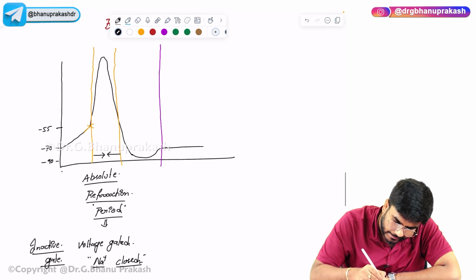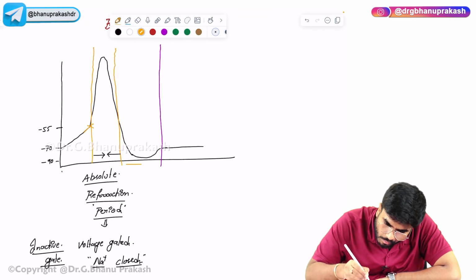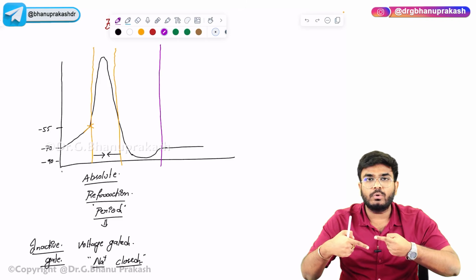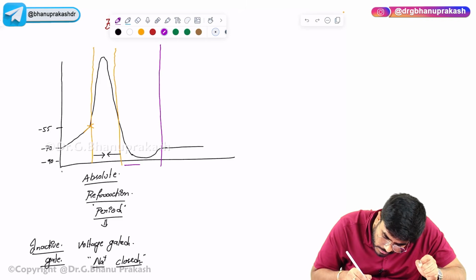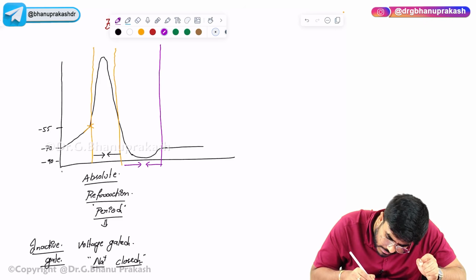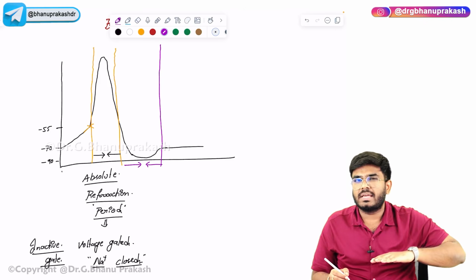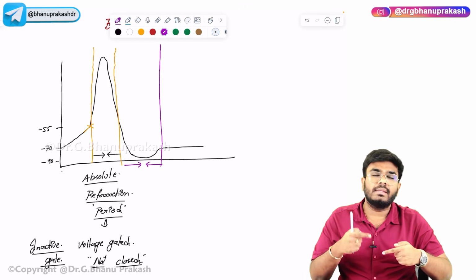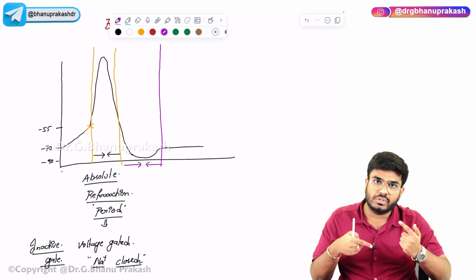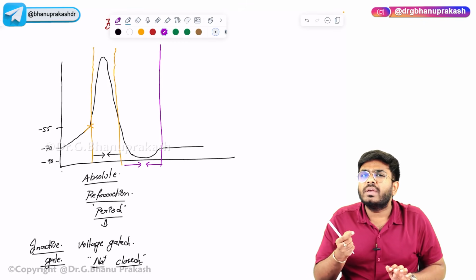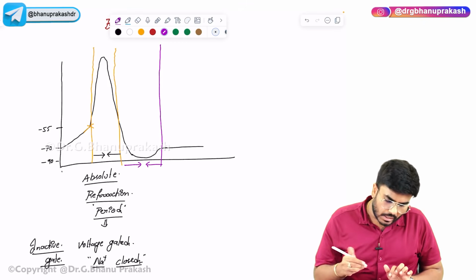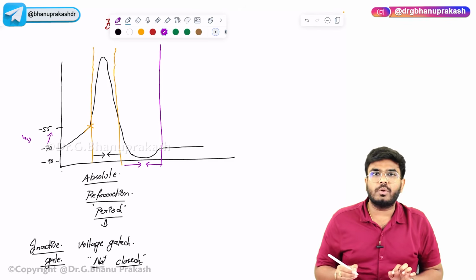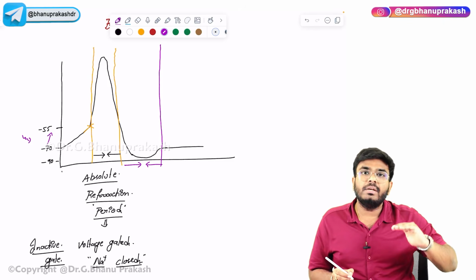But during this period, the gates are going to come back to their original position. Now hyperpolarization is happening, the membrane is getting more and more negative, and the activation and inactivation gates are going back to their original position. A normal stimulus has to take the resting membrane potential to threshold from minus 70 to minus 55.